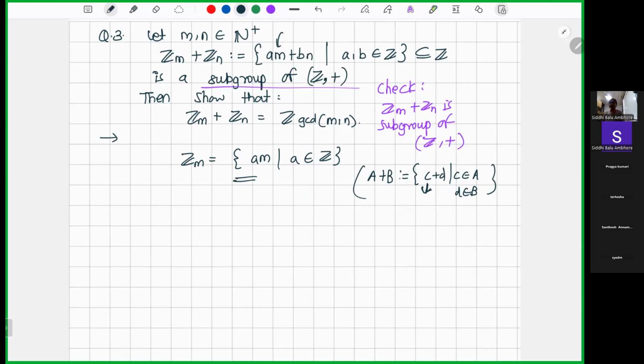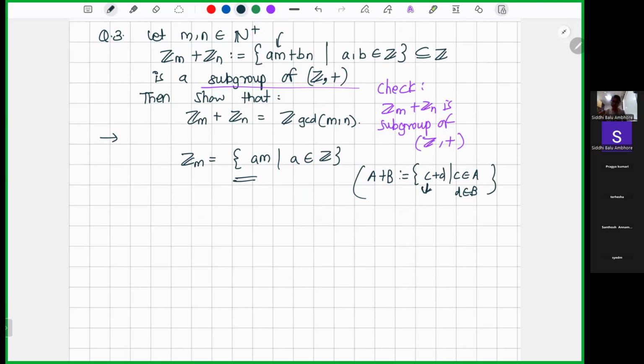Essentially, a subgroup is a group under the same operation which is a subset of the given group. And one more thing: when we say something is a subgroup of a given group, the identity needs to be the same. Otherwise it does not make sense. It should inherit from the original group which we started with.